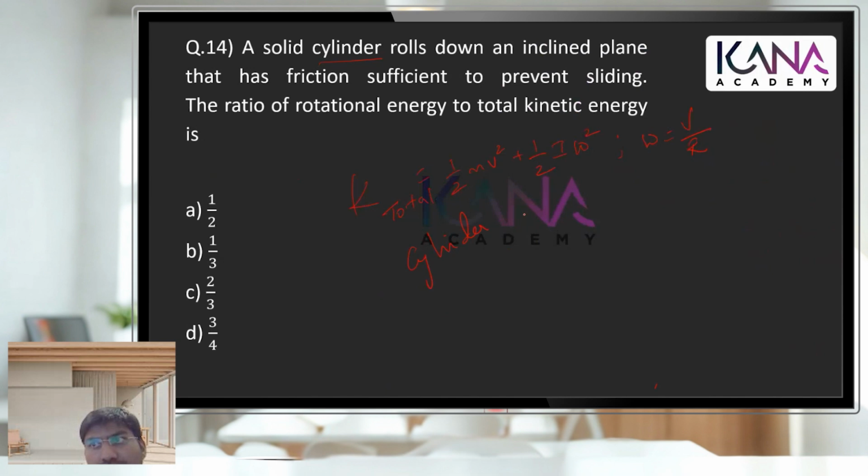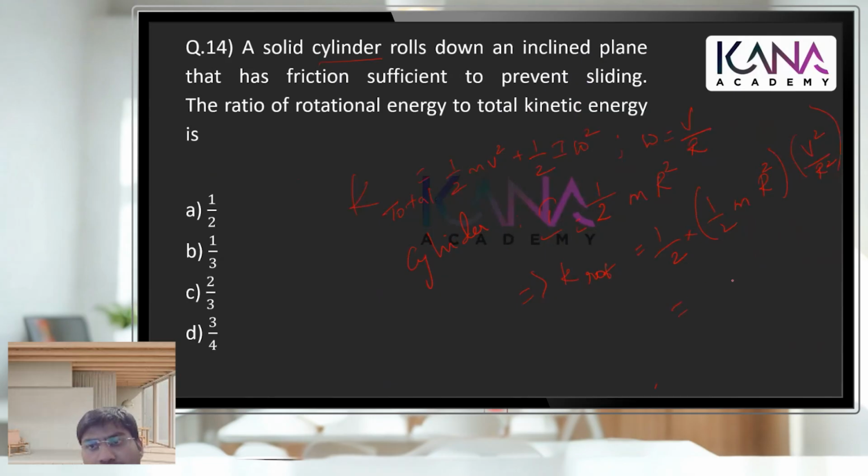So for the cylinder, I is 1 by 2 m r square. So if you find the rotational kinetic energy, it is 1 by 2 into 1 by 2 m r square into v square by r square.